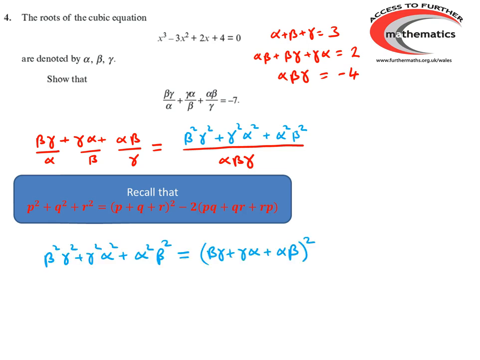we see that we can write beta squared gamma squared plus gamma squared alpha squared plus alpha squared beta squared as the same thing as beta gamma plus gamma alpha plus alpha beta all squared, take away two lots of beta gamma times gamma alpha, plus gamma alpha times alpha beta, and alpha beta times beta gamma.